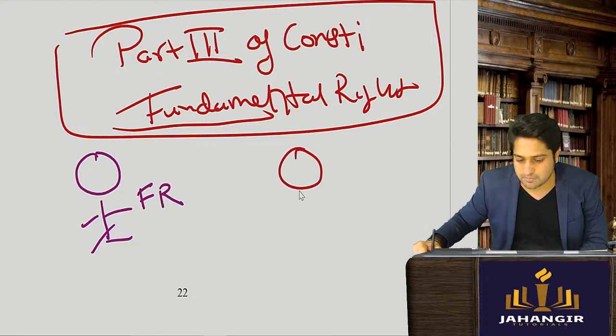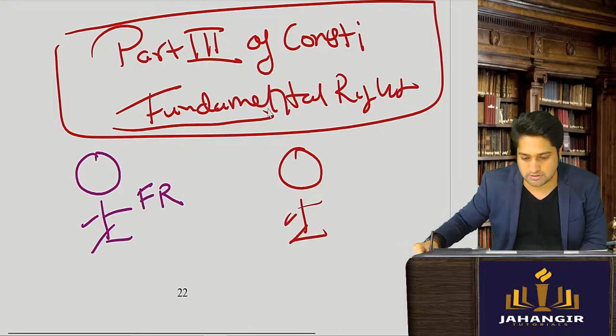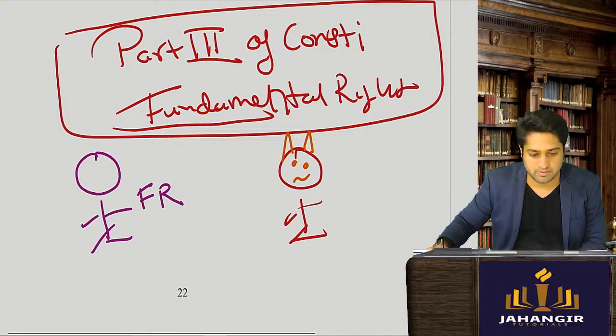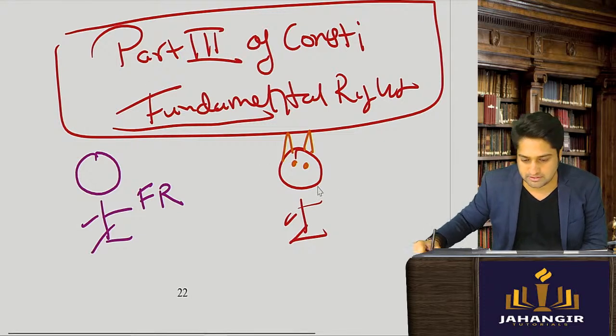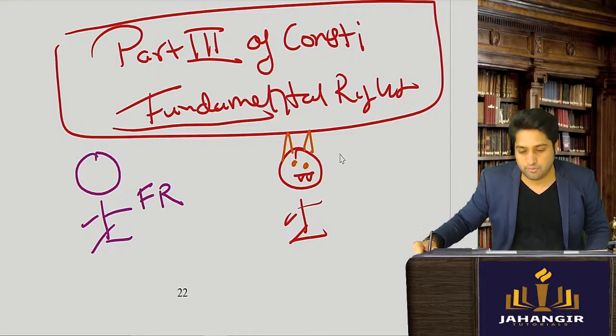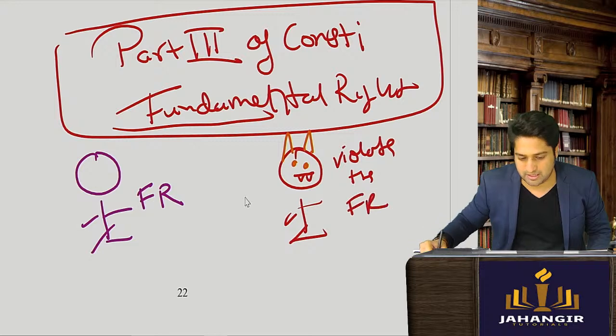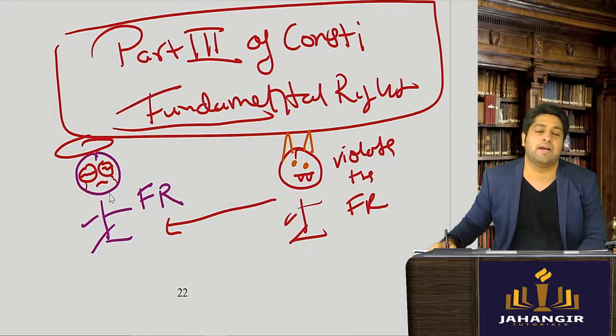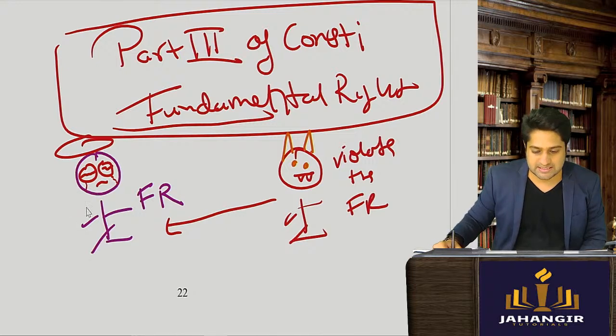There is another person who comes in, a bad human being, and he violates the fundamental rights of this person. This person is an angel. Now he'll be really sad that his fundamental rights have been violated.